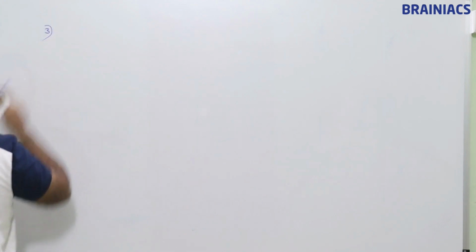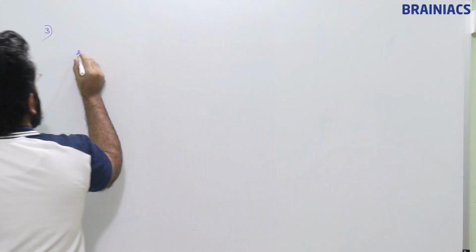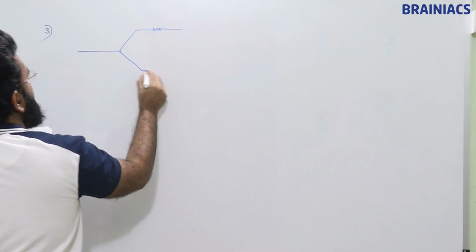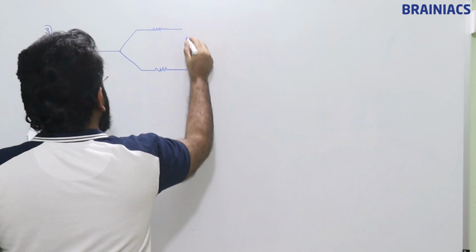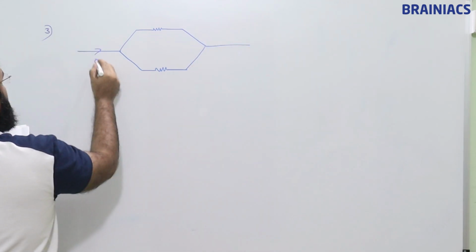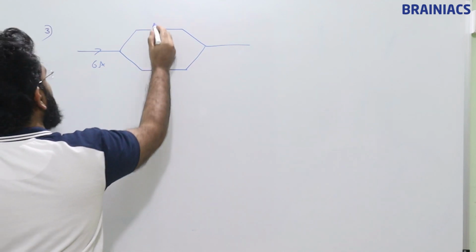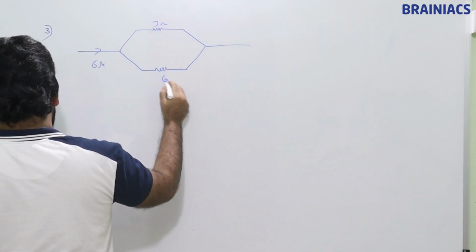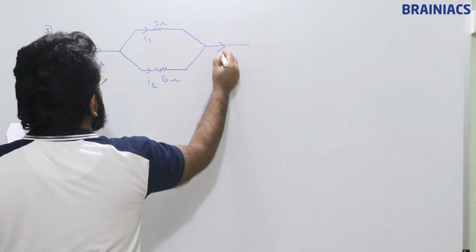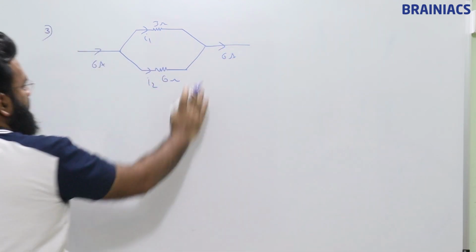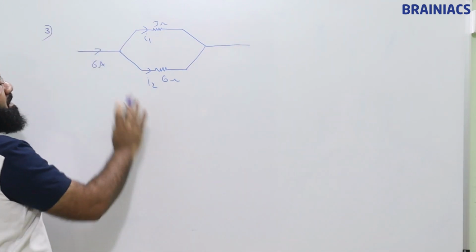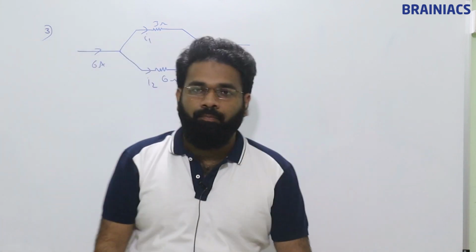We'll do this question. Six ampere, 3 ohm, 6 ohm, I1, I2. Okay, leave it, need not draw this. This is the data given in the question.